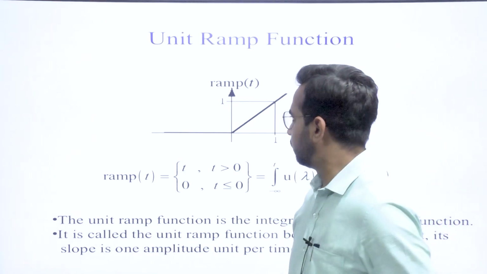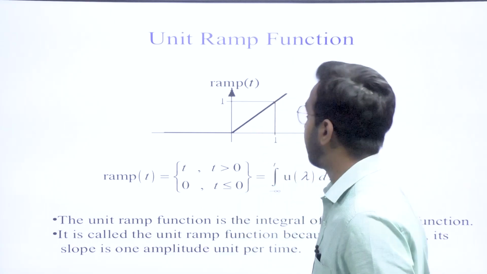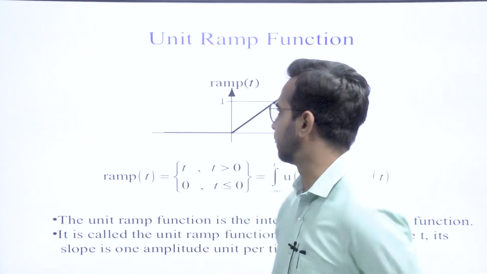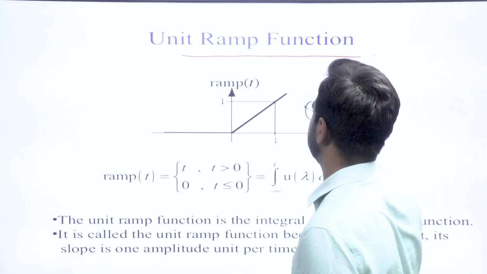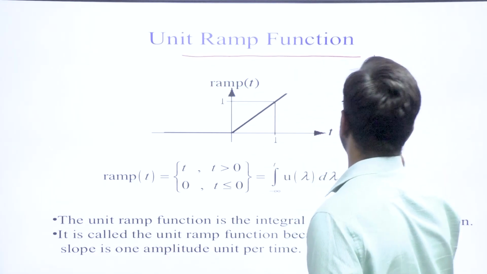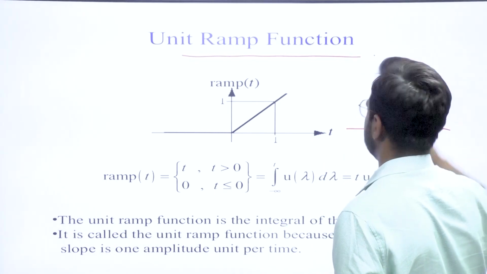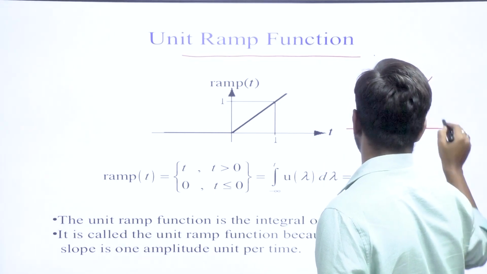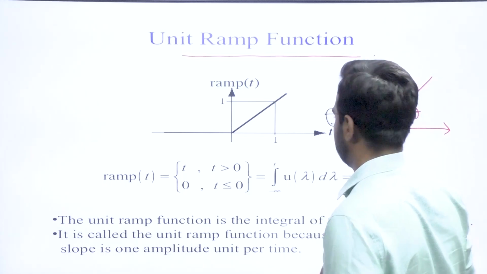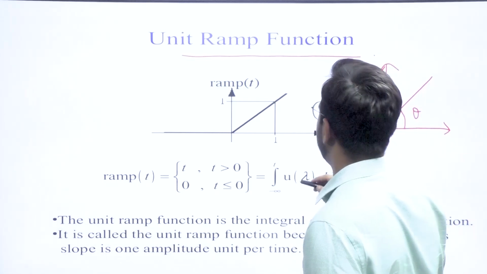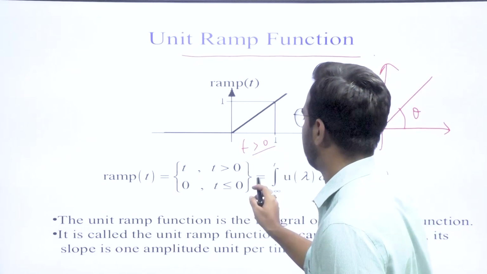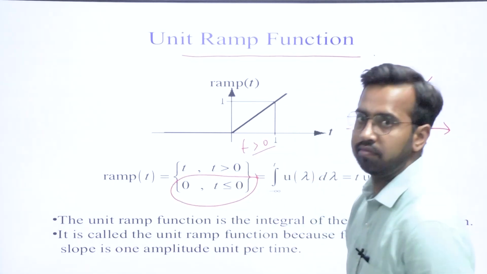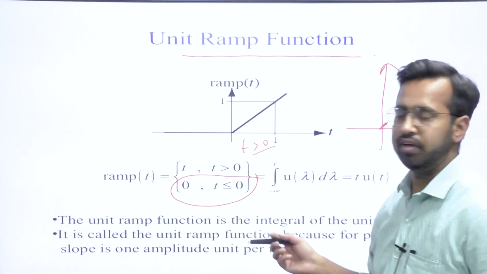Okay, the next signal is the ramp signal. How do we represent a ramp function? It is a signal which has some slope, and it exists only for t greater than 0, and for all times t less than 0 the signal has no value.